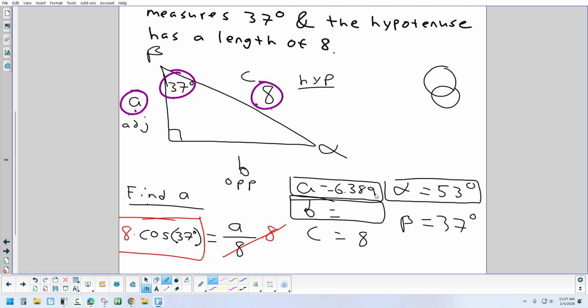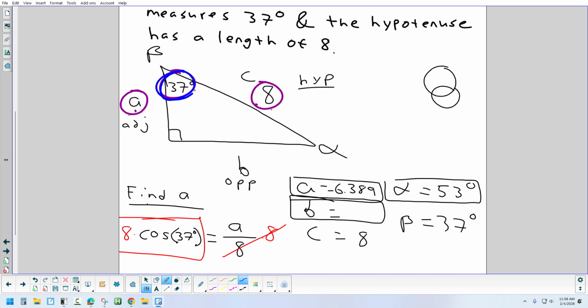What else about A? We calculated it. It's not a given, could be wrong. So if we use Pythagorean theorem and A is wrong, then now B is wrong. The way I'm showing you how to do this, you could make a mistake on one part and it won't affect anything else because we're always going back to the given.